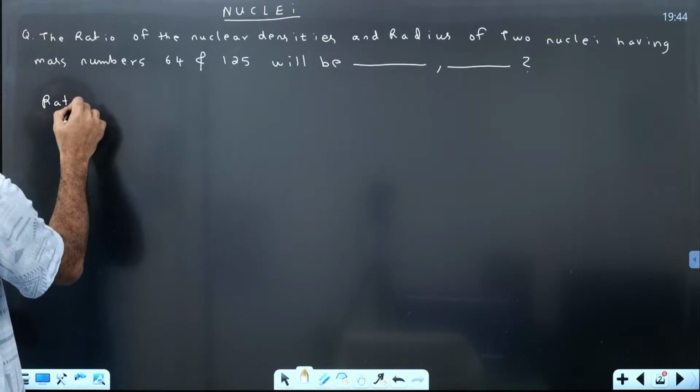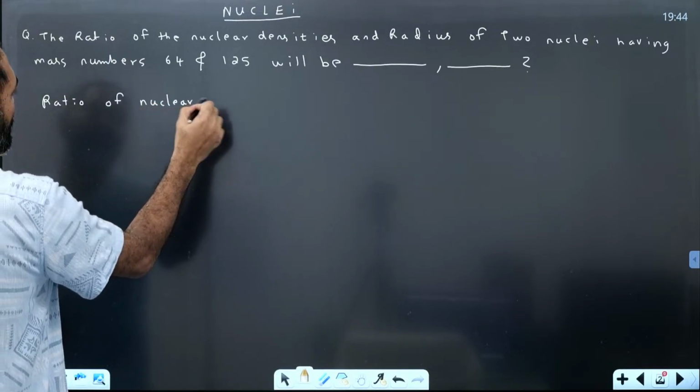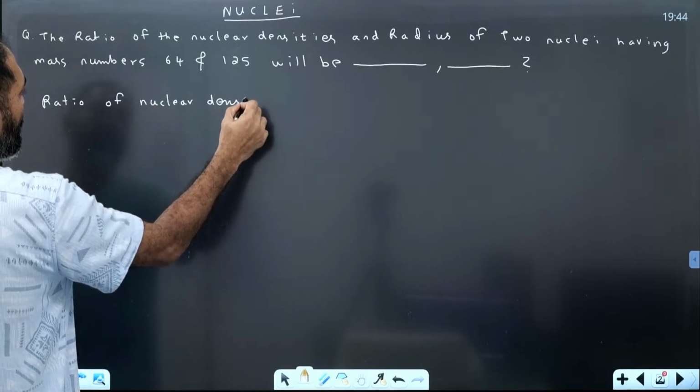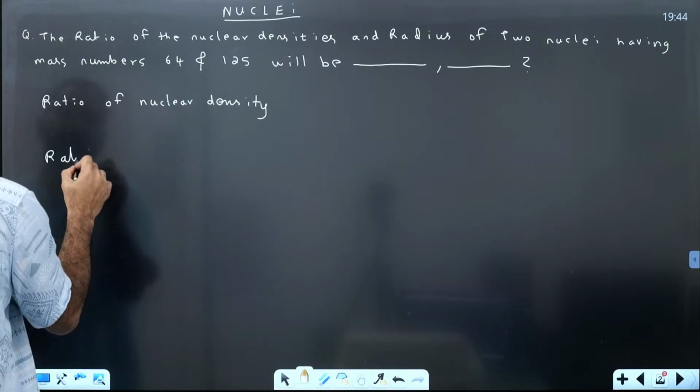First, ratio of nuclear density. Next, ratio of radius.